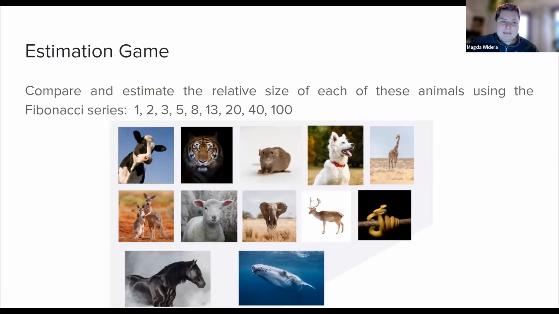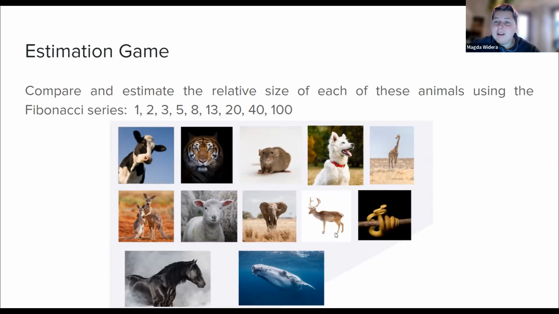So I have a little estimation game for you here, guys. So Fibonacci sequence, where 100 is obviously the biggest size, 1 is the smallest, and somewhere in between is up to you how you're going to decide that. So feel free to put in a chat what you think is the order, or maybe you want to unmute and say what do you think the animals should be sized as.